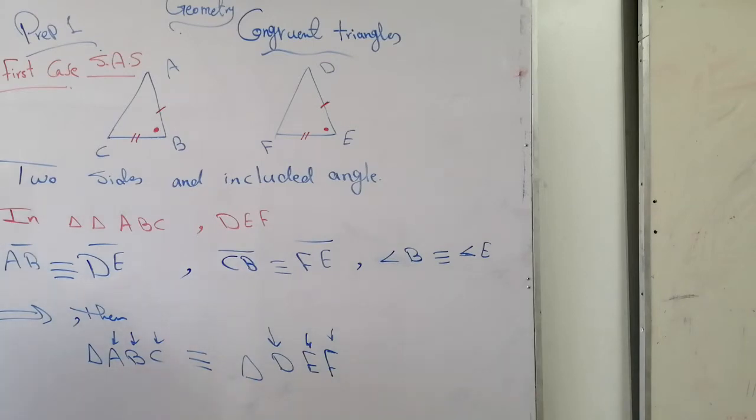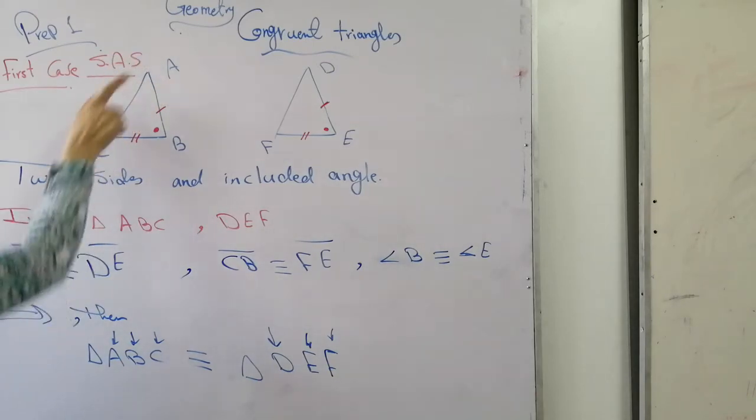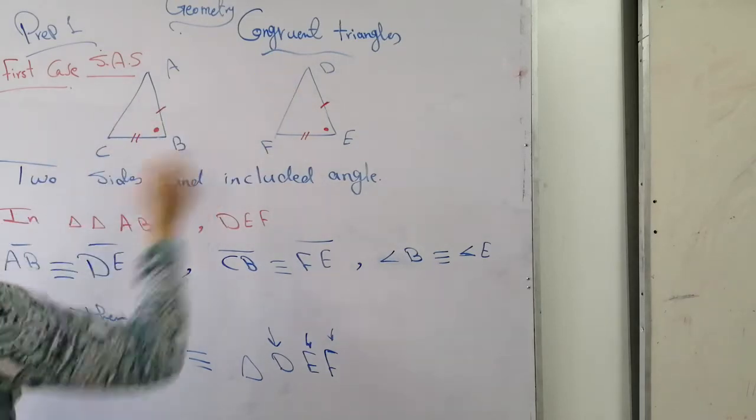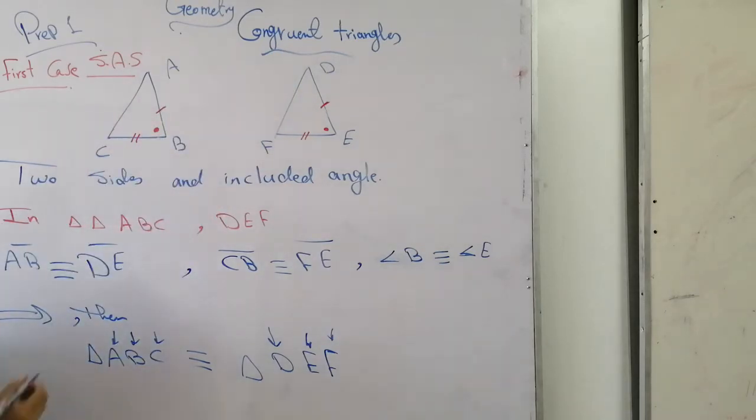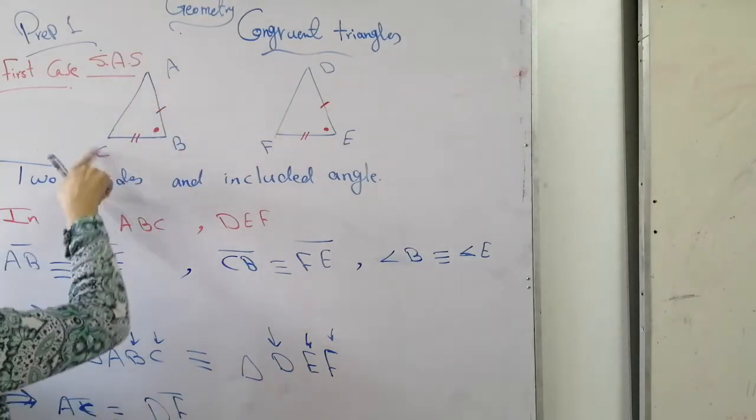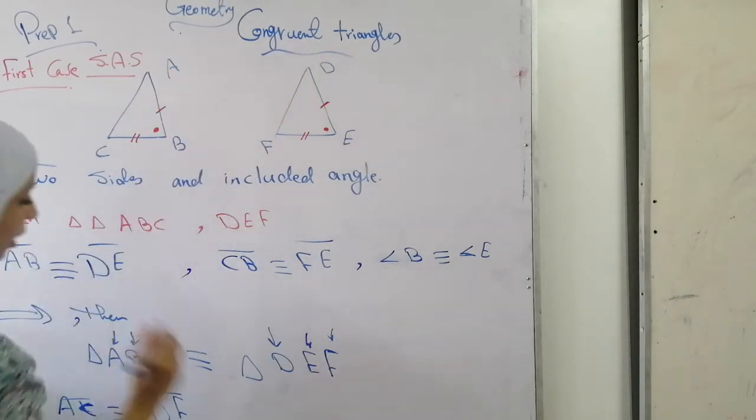What should I deduce after that? I will deduce that the length of AC equals the length of DF. Since I have 2 triangles that are congruent, I will say side AC is congruent to side DF.